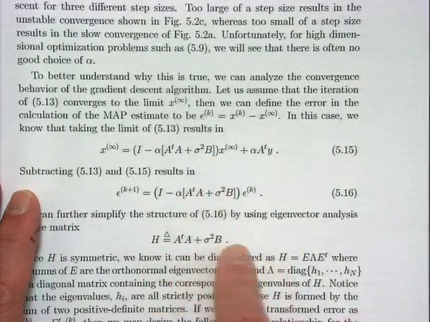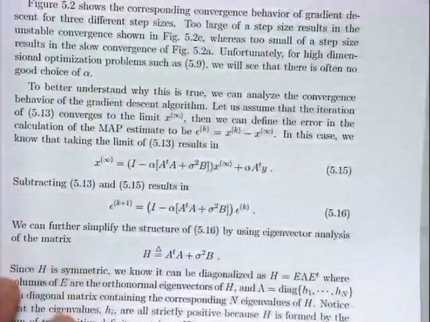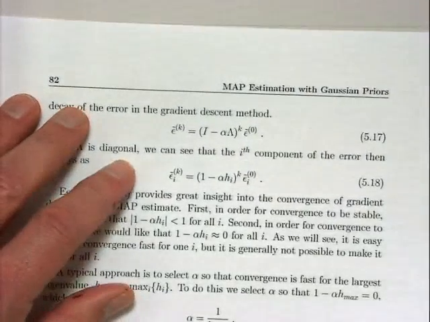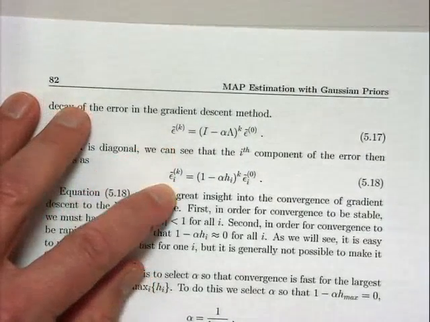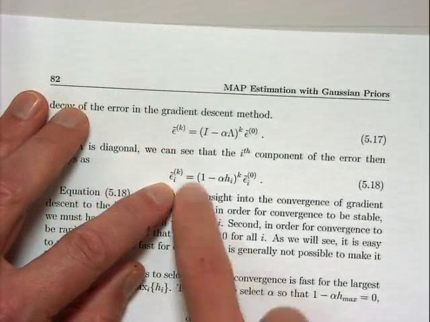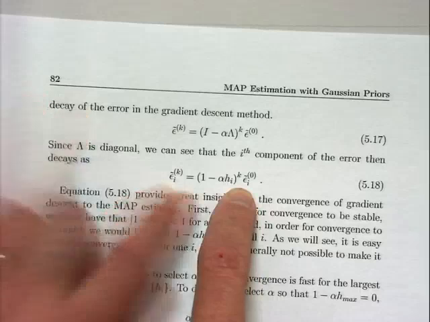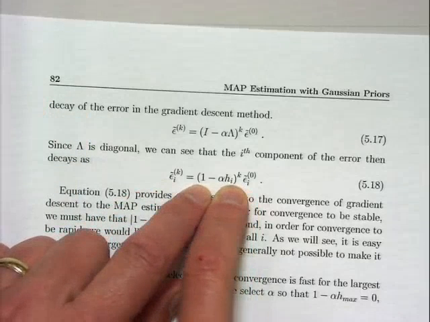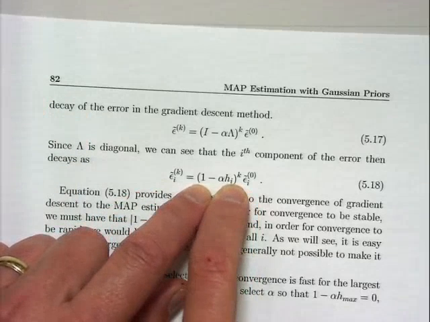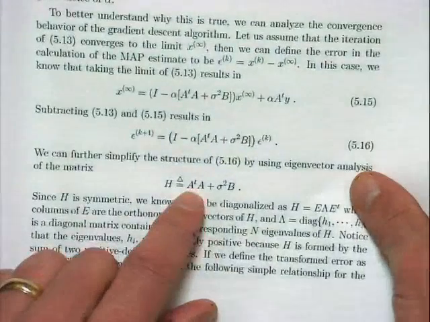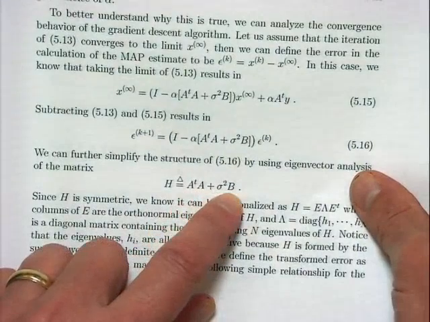You diagonalize the operator, and when you do, each mode converges independently. So the convergence of each mode just looks like an expression like this, where h here is the eigenvalue associated with this operator. The operator h is A transpose A plus sigma b.